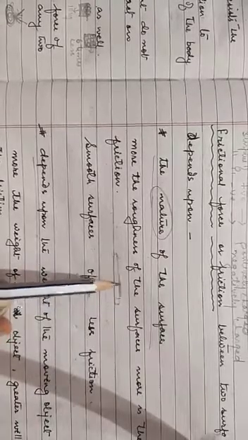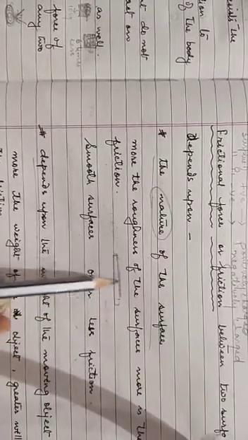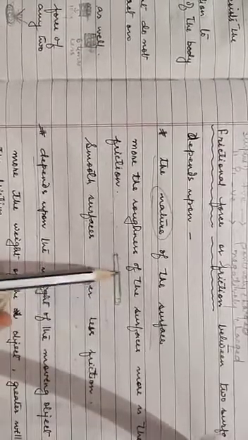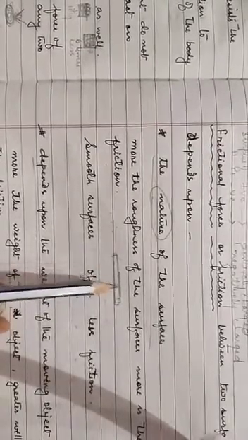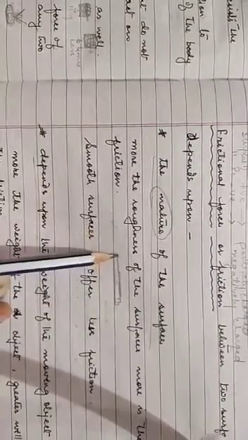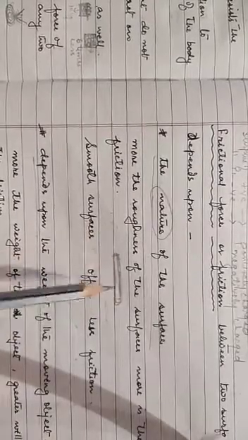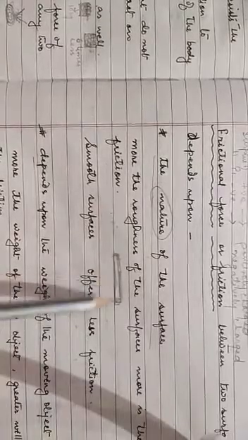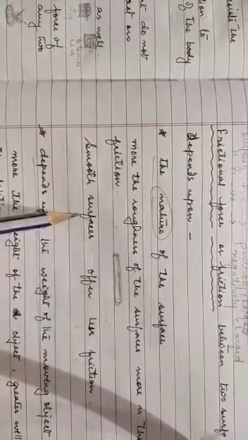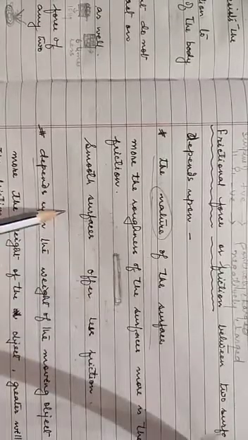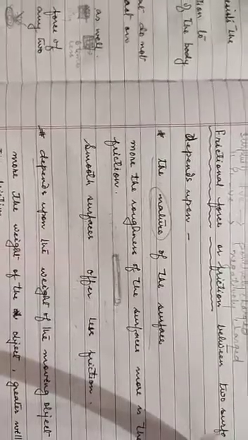When we try to move an object on this table, these grooves and ridges get caught with one another and they cause friction. So friction is more when the roughness of the surface is more. Friction is less when one is smooth and the other is a rough surface, and friction is the least when both the surfaces are smooth.